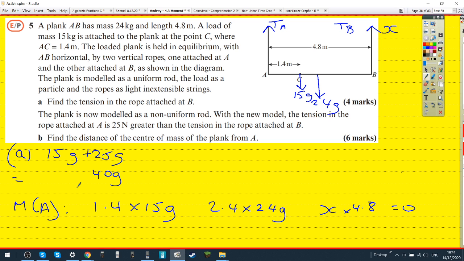Is it meant to be going from C every time, or to A? It goes from A every time. Distance from A times force. So will the first one be clockwise and therefore negative? Yeah.